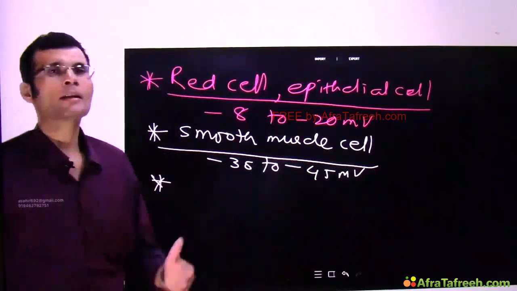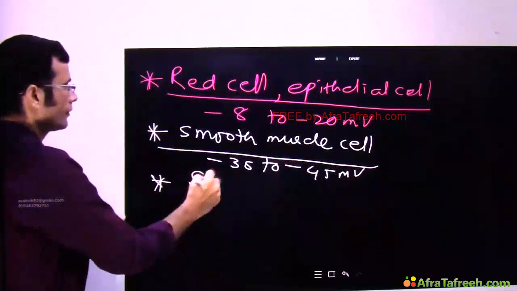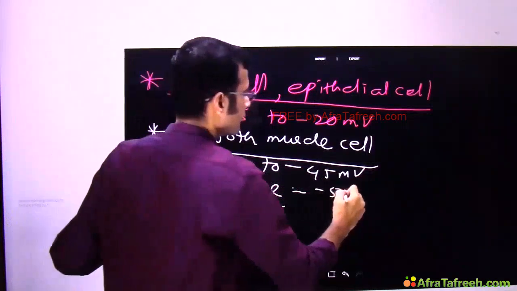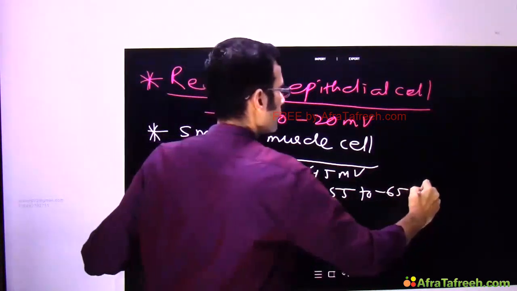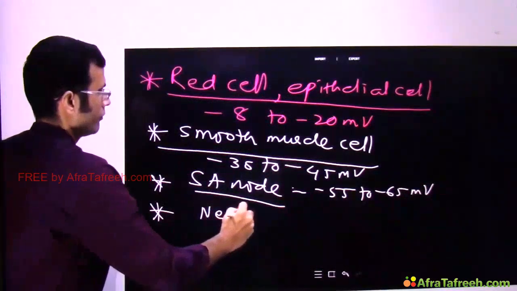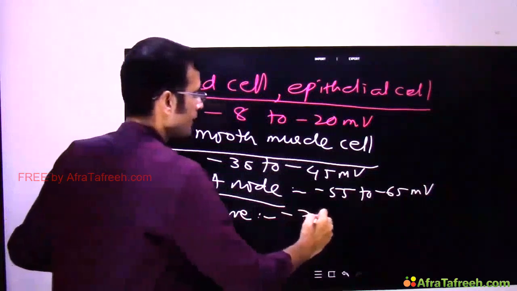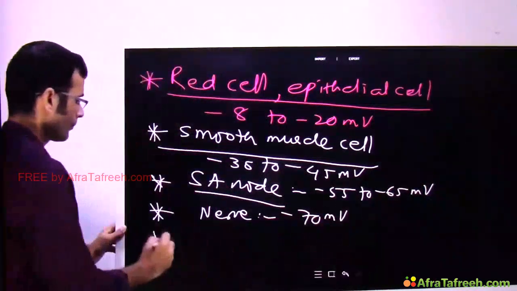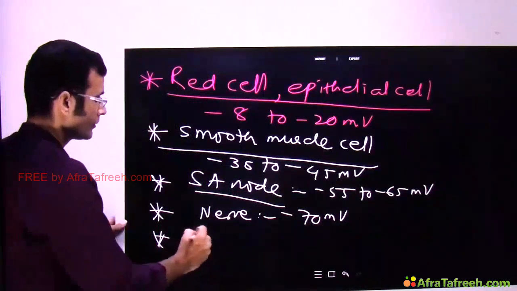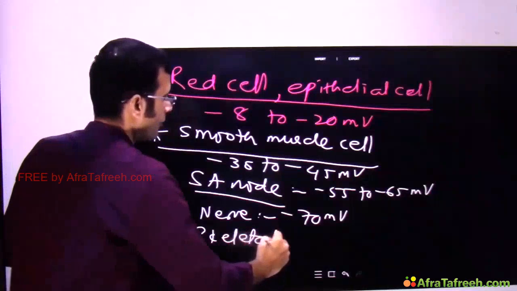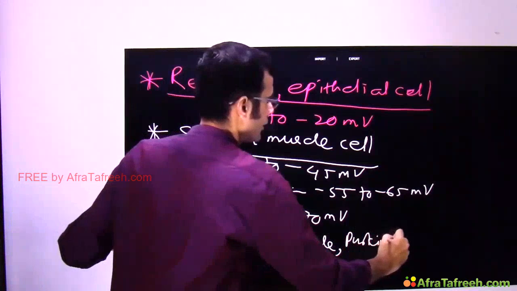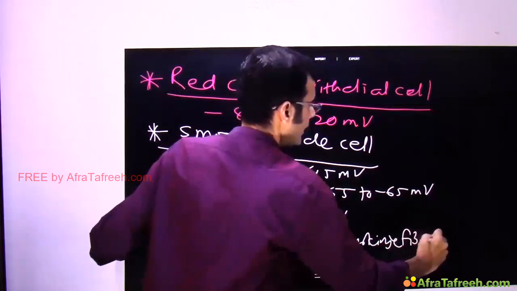For a pacemaker cell in the heart, the SA nodal cell, the value is -55 to -65 millivolts. For a nerve, the value is -70 millivolts. And for skeletal muscle and Purkinje fiber in the heart, this potential is -90 millivolts.